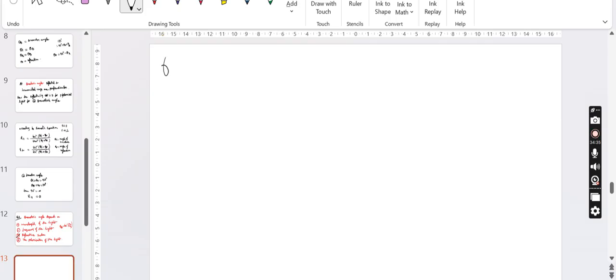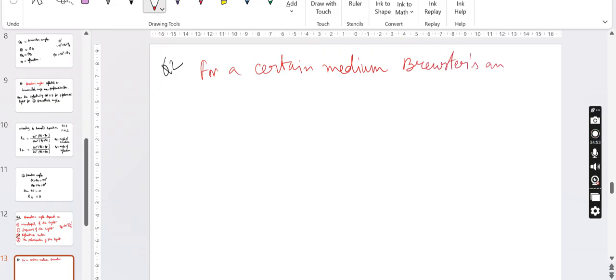And question number 2. For a certain medium, Brewster's angle is 56 degrees.